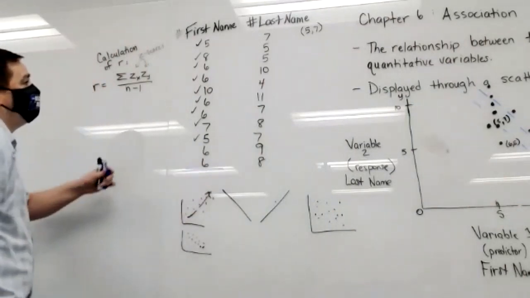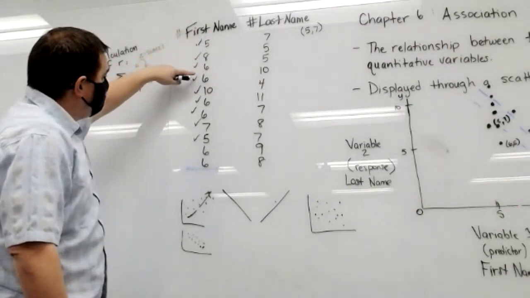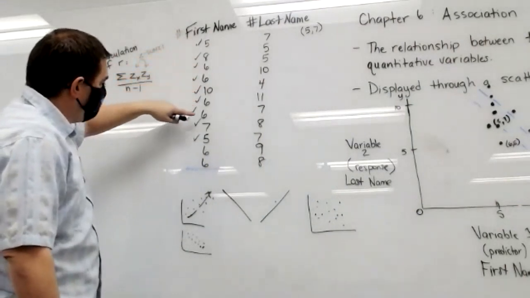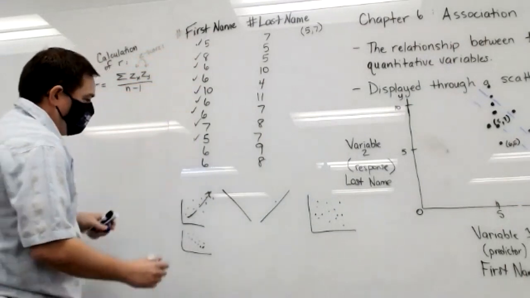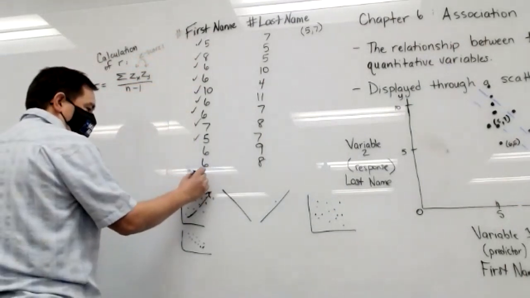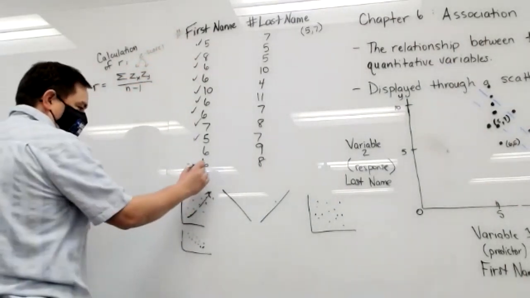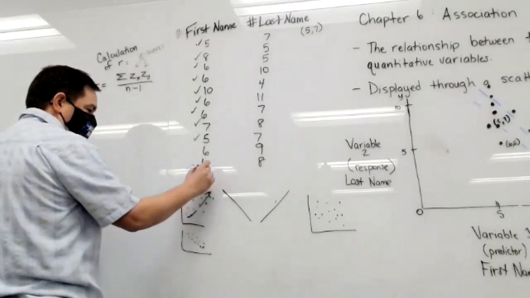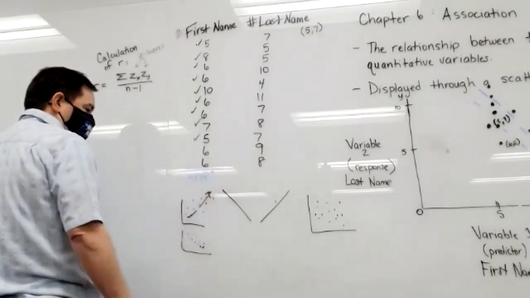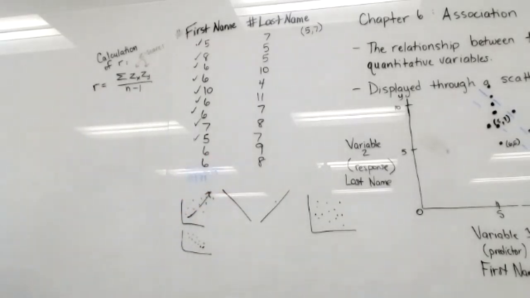We try to find the average number of letters in our first name. So if we look here, we have 13, 19, 25, 35, 41, 47, 54, 59, 65, 71 divided by 11. 71 divided by 11, 6, remainder 5, that's going to be roughly 6.45 as the average.